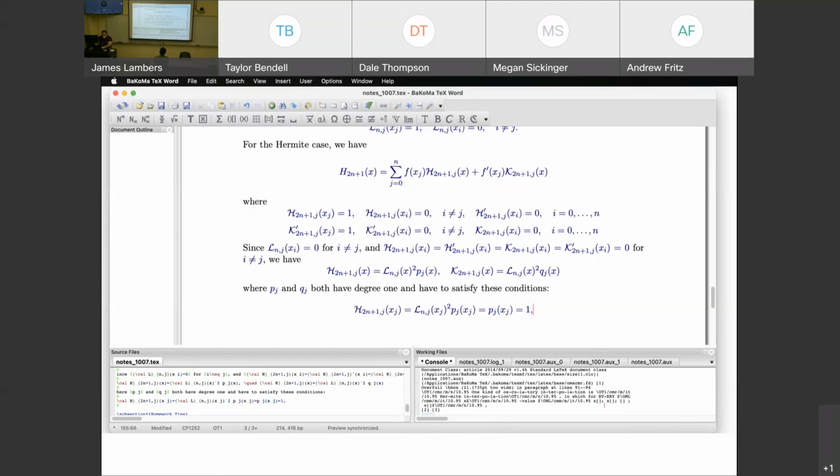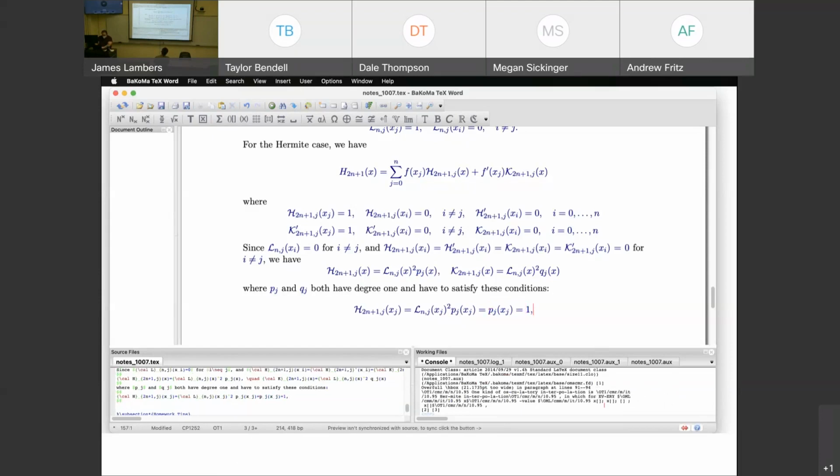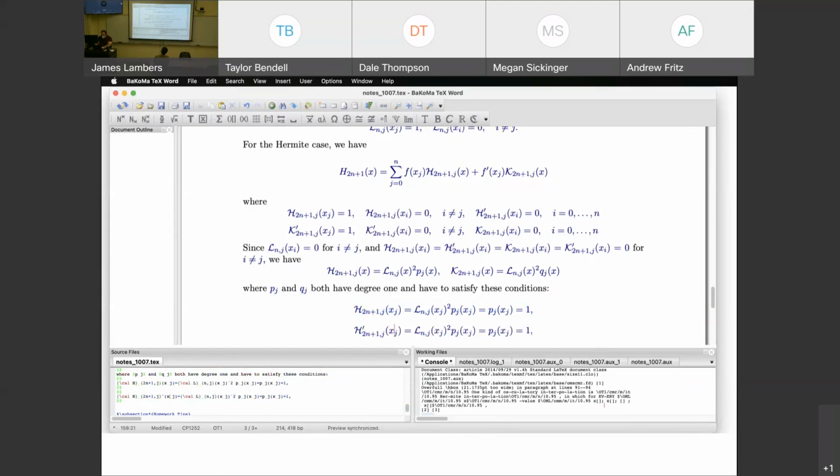But then when I take the derivative of the same function and also plug in x_j, all right. Now I've got to take the derivative of all this. So that's going to be by product rule.